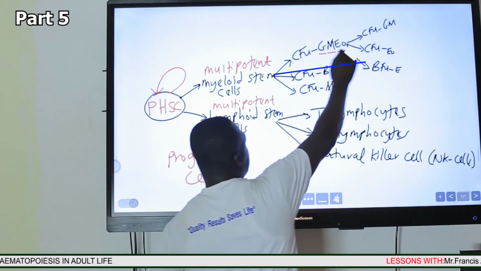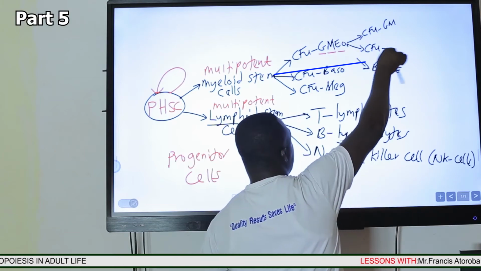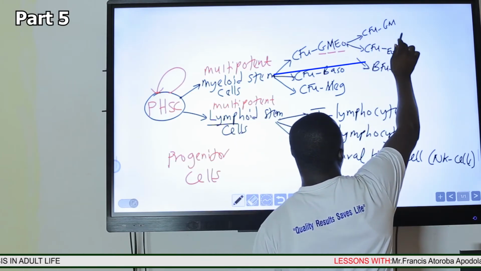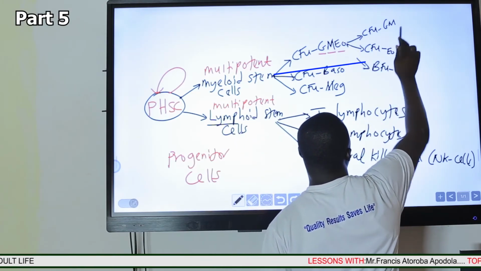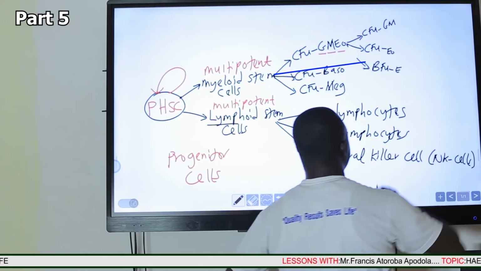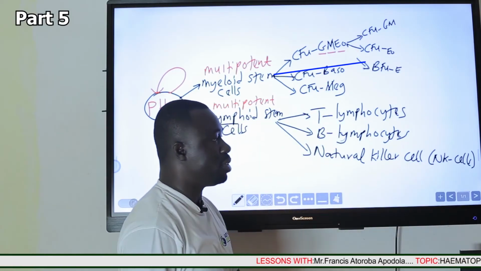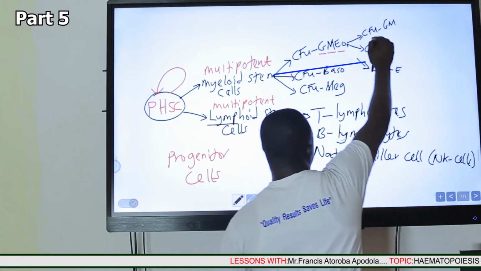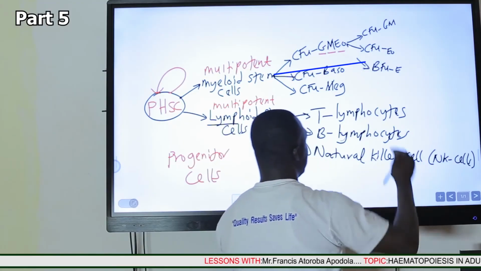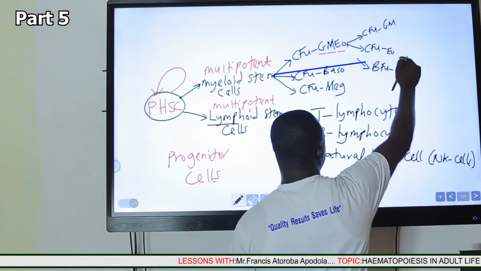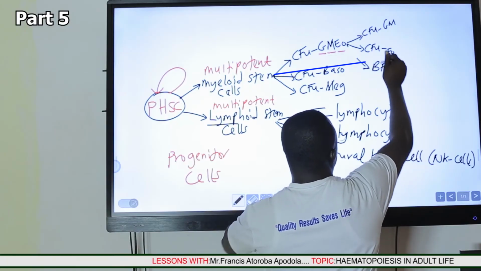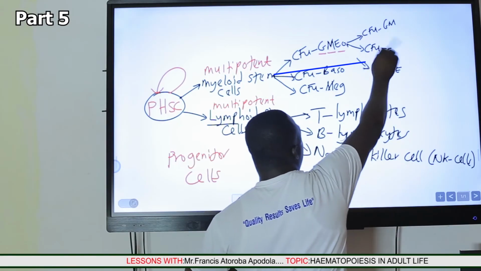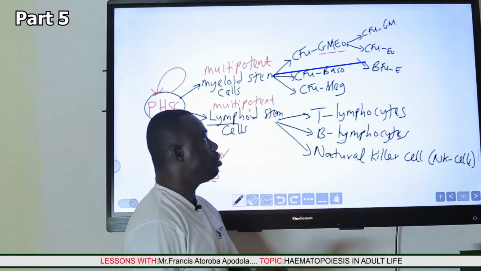The differentiation of this colony will give rise to colony forming unit granulocyte, monocyte. So the granulocyte and monocyte stem cells are together in a colony, but the eosinophil stem cells are just this: colonies of eosinophil stem cells.